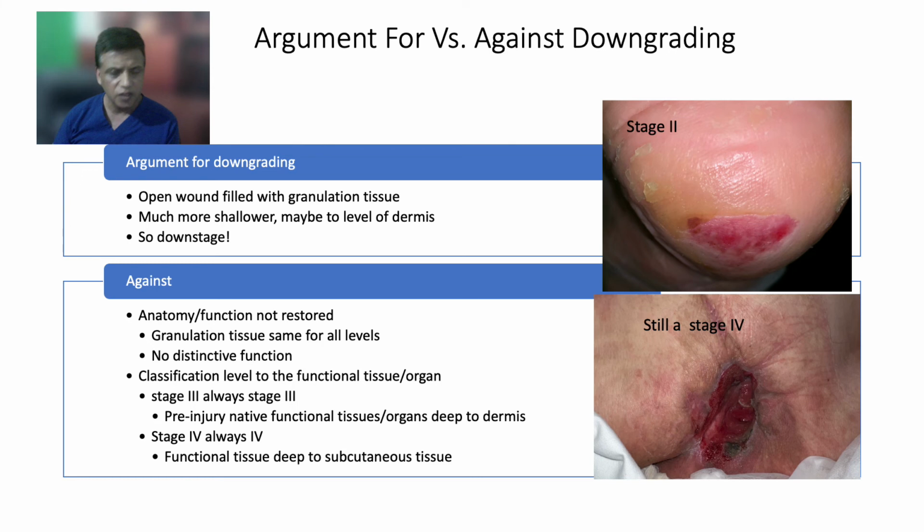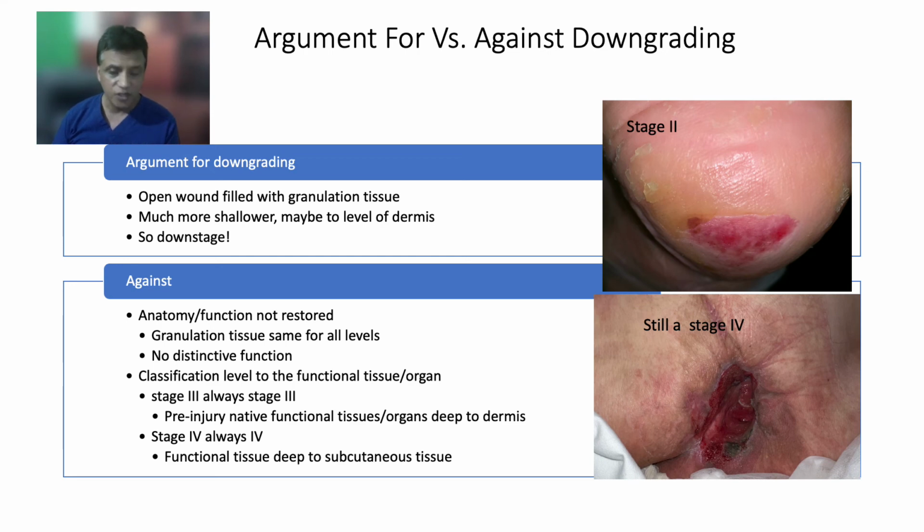Why? Look at the base of the wound. The base of the heel, the layer of soft tissue, is the dermis. It's a functional layer. It's the dermis. On the healing stage 4, we haven't regenerated the dermis, so we can't say it's equivalent to stage 2.